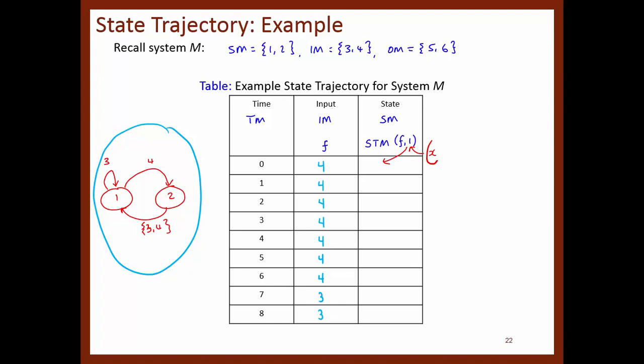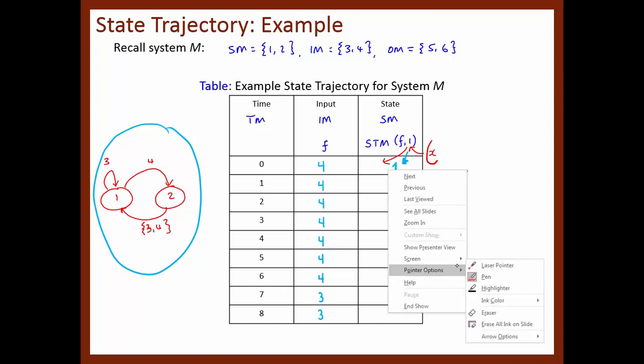So in this case, we're starting our system here. This is our initial state, and it is coming from here.